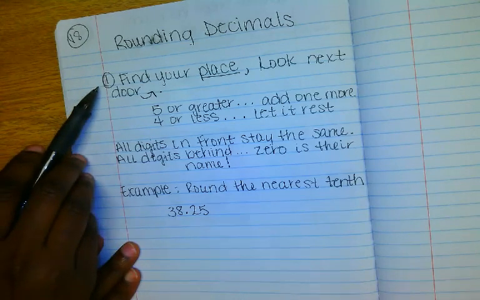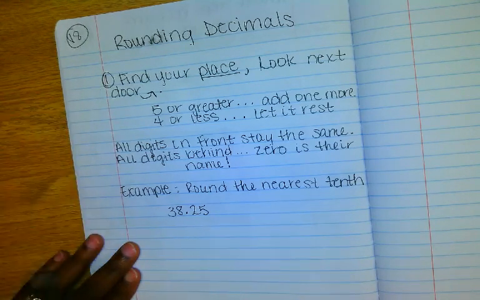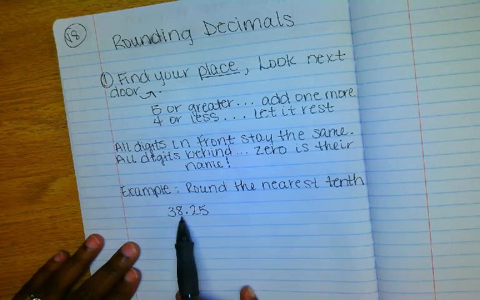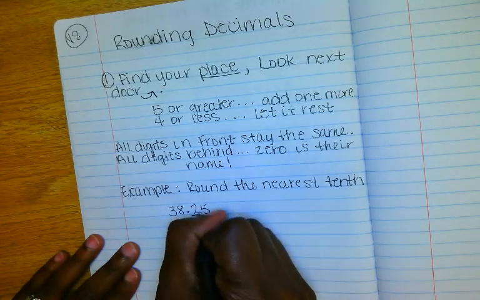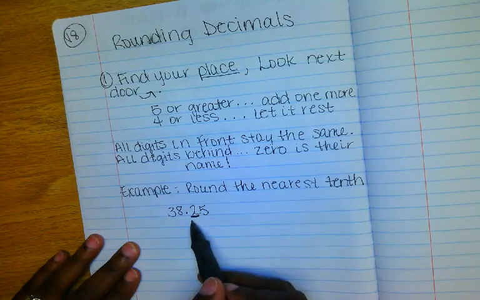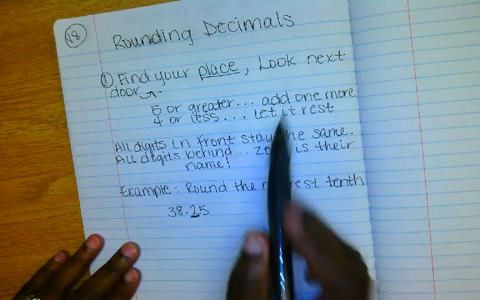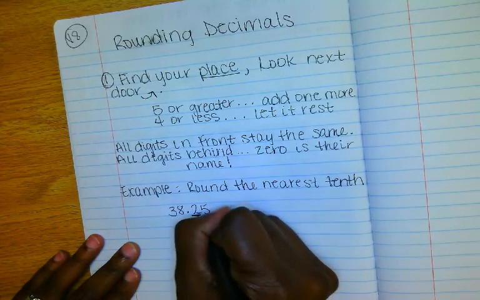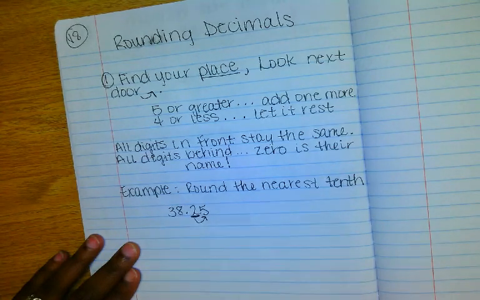So our first step was to find your place. We're looking for the tens place. I know this is my tens, my ones, this is my tenths, and that's my hundredths. So I found my place and underlined it. And now I'm going to look next door at my 5.